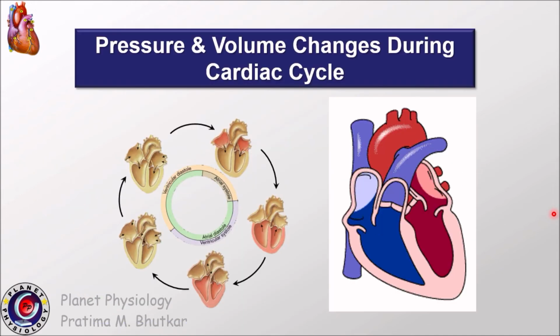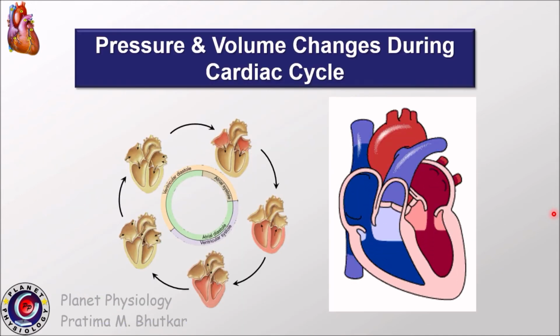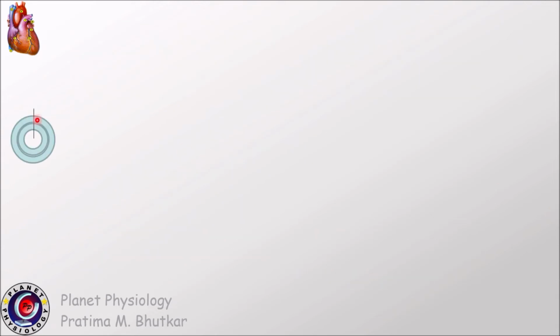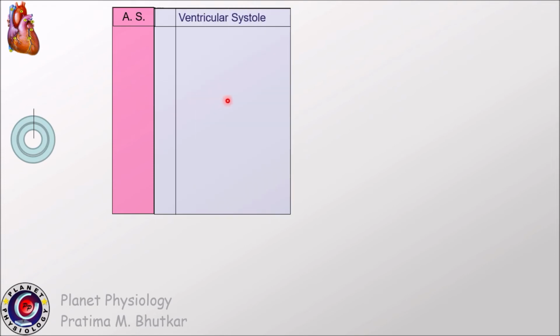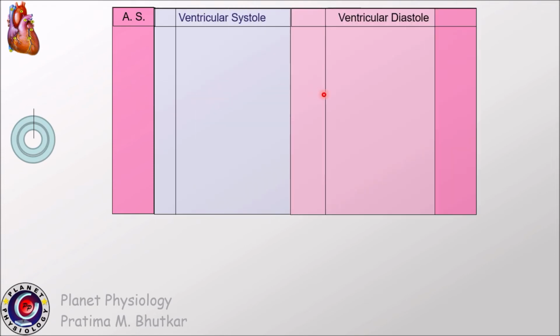Now let us study individual pressure and volume changes during the cardiac cycle. For this we will have it in the form of a graph. So we are cutting open this circle. First event is atrial systole. This will be followed by ventricular systole, and ventricular systole will be followed by ventricular diastole.